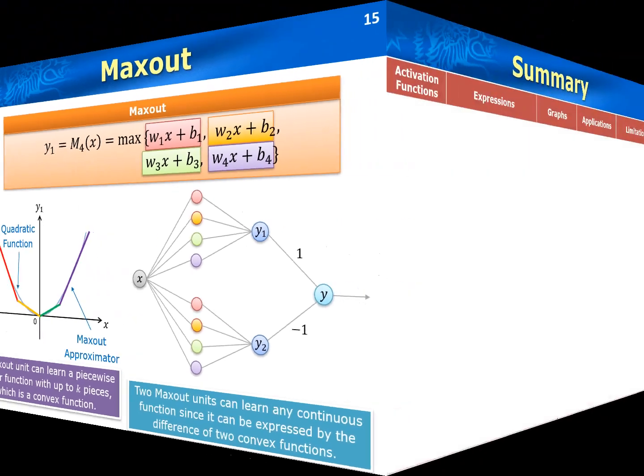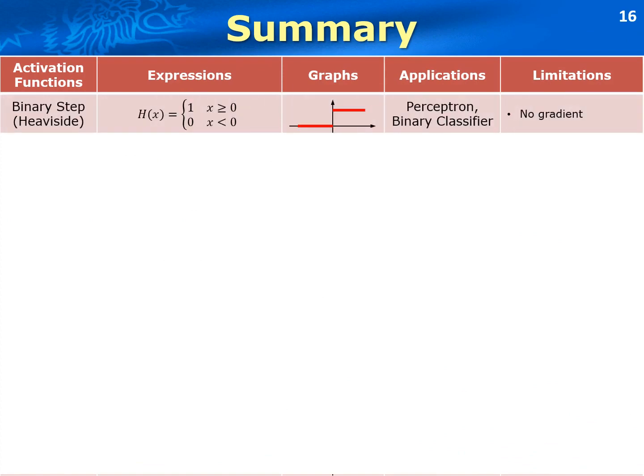Before ending this session, let me summarize the common activation functions we have learned so far. The binary step function returns a binary value and is often used as a binary classifier. It is not recommended for use in hidden layers, as its gradient is 0. It is often used in perceptron and McCulloch-Pitts neuron for binary classification.